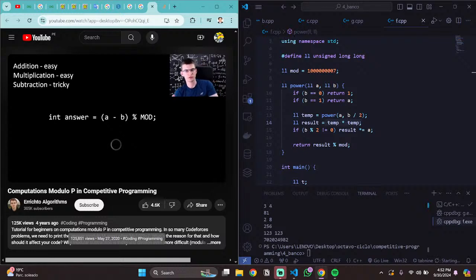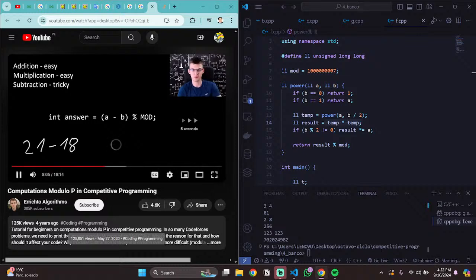Subtraction is more tricky. Let's work with an example of computing 21 minus 18 modulo 10. Usually in problems we have prime modulo equal to billion7, but minus 7.